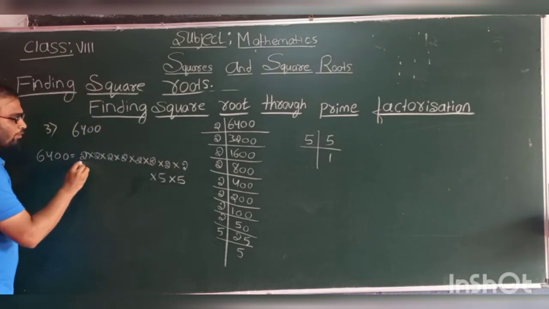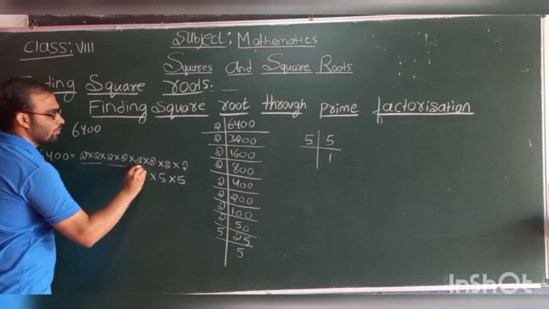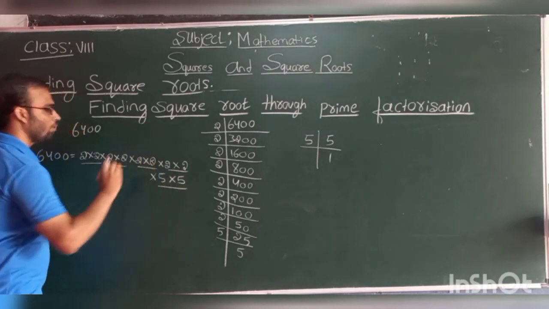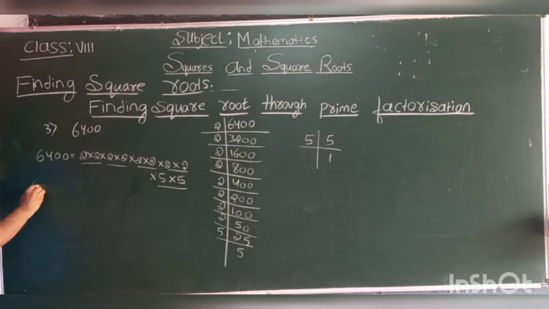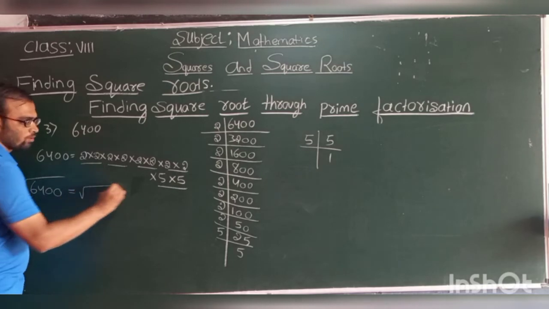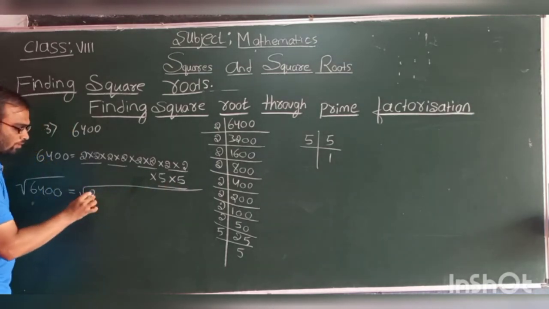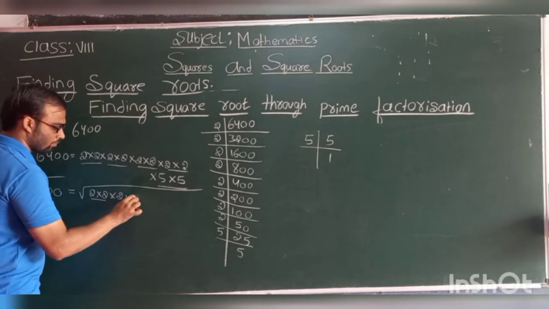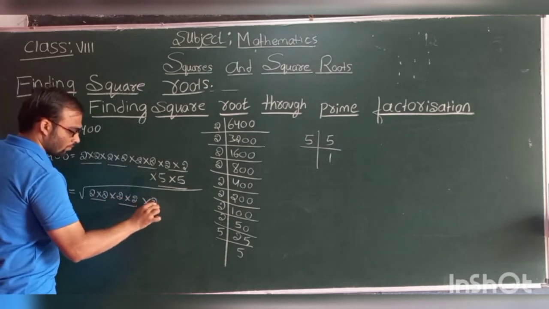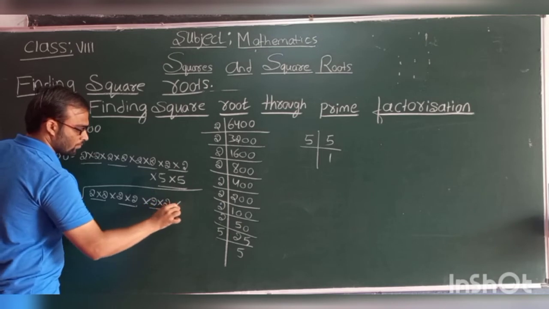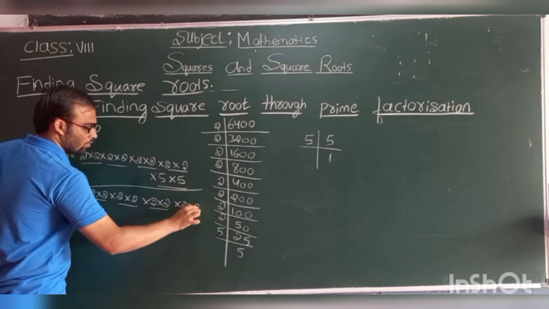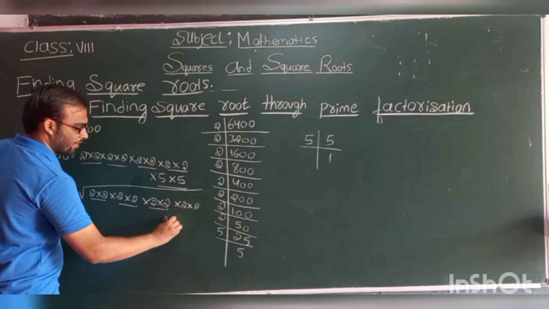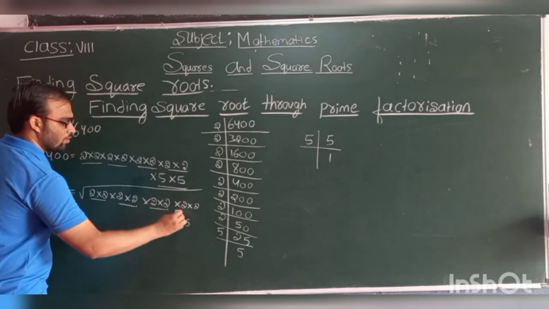Now we need to pair the numbers. Okay, now we need to pair. 6,400. Okay, so the square root of 6,400 is equal to, so here 2 into 2. So here, as there is no space, I am writing here. Okay, don't confuse.